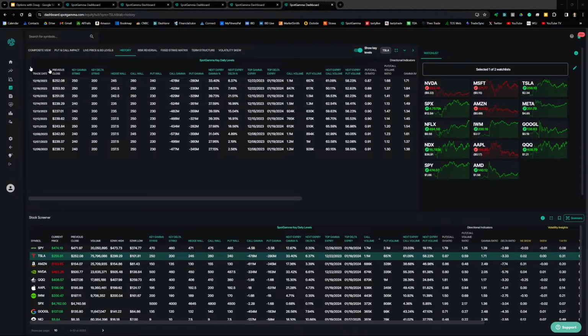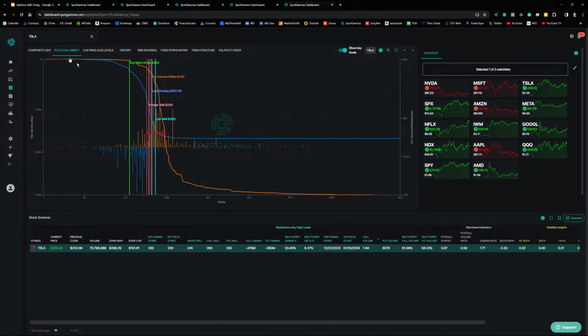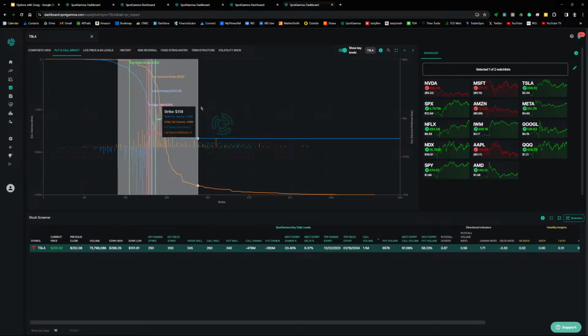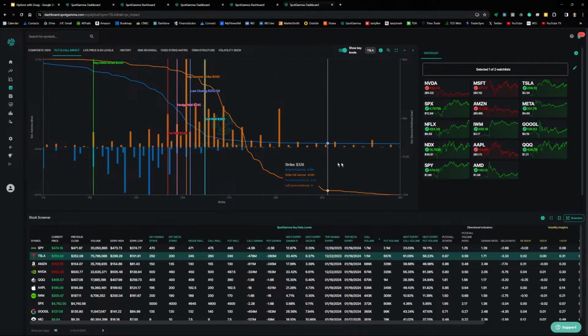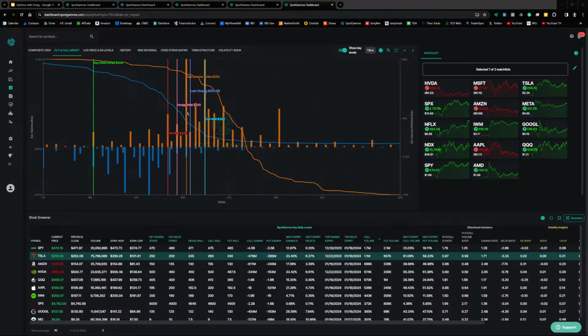Let's take a look at some of the other charts here. So we looked at the composite view. Let's take a look at the put and call impact chart. You can zoom in on this chart. Above, right around the hedge wall here at 245, the orange bars are showing call gamma notional is dominating.